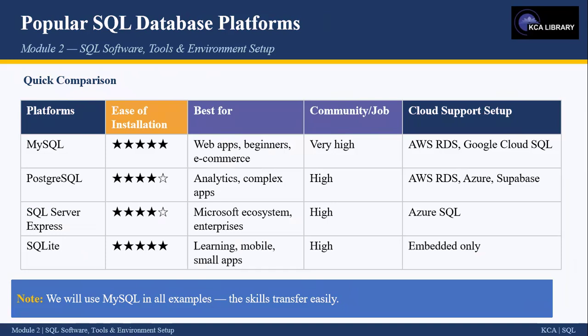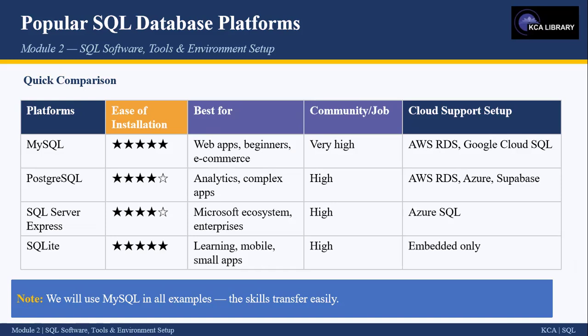Popular SQL database platforms. Let's do a quick comparison to help you understand the choices. If you look at this table closely, you will see MySQL gets a star rating of 5 for ease of installation and is perfect for web apps, beginners and e-commerce. It has very high community support and excellent cloud options, while PostgreSQL is excellent for analytics and complex applications.